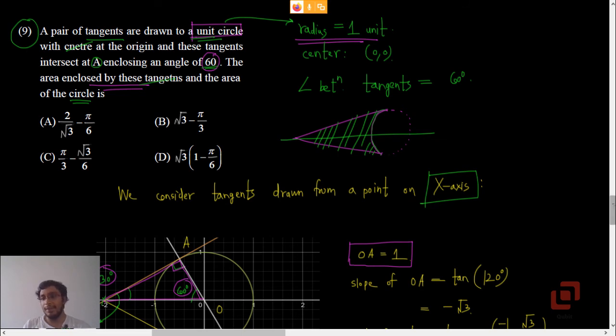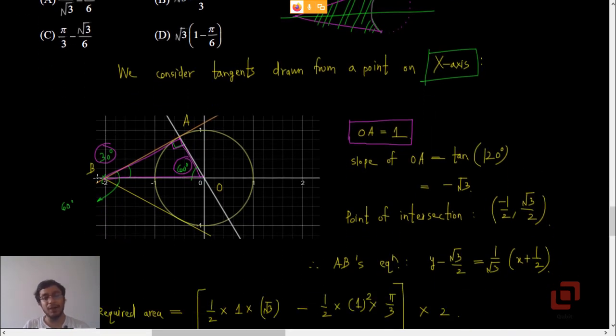Okay, then I knew that if I join the point from which we are drawing the tangent and the center of the circle, then we are going to get two congruent triangles. Correct? If I call this point as F, then which two triangles will be congruent? OAB and OFB.